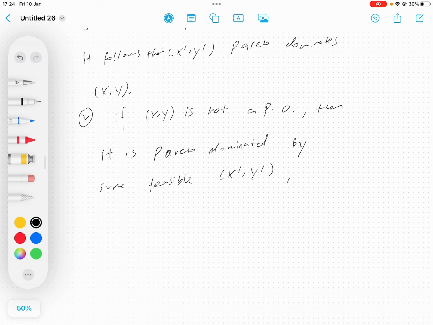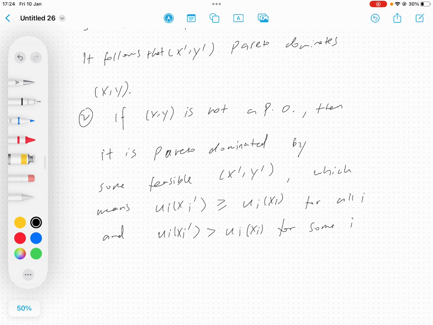This means that ui(xi prime) is greater than or equal to ui(xi) for all i, and ui(xi prime) is strictly greater than ui(xi) for some i.